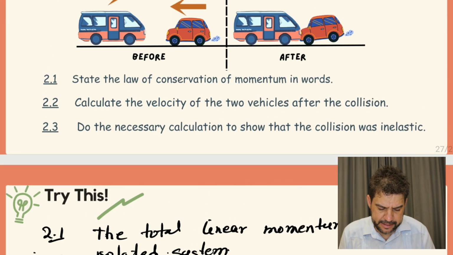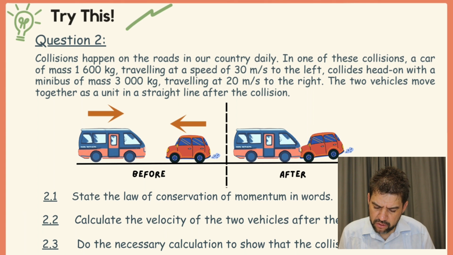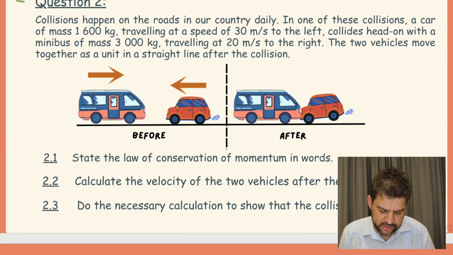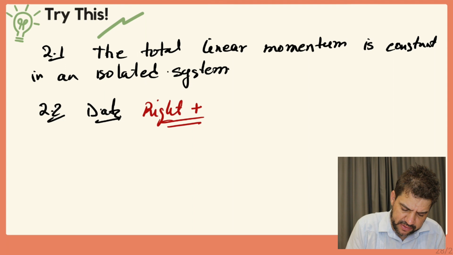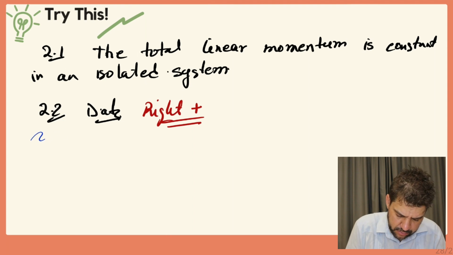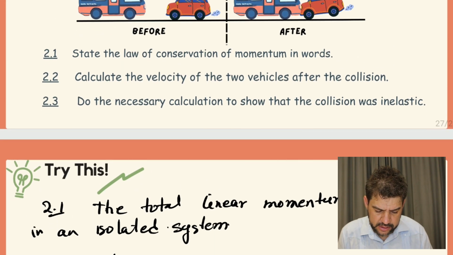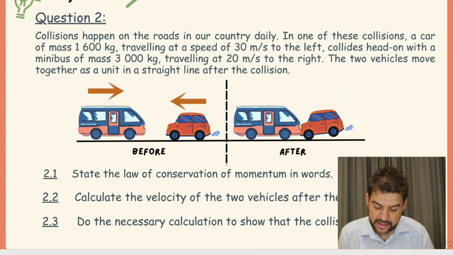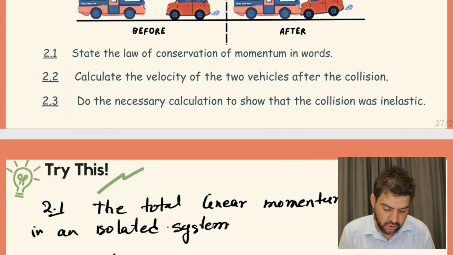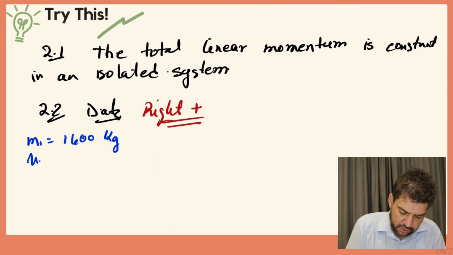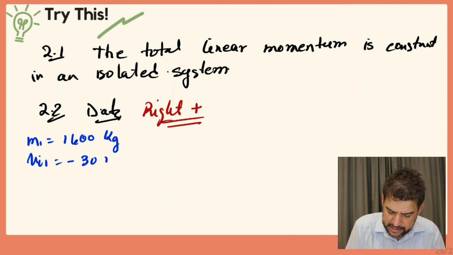So now here they say, a car of mass 1,600, so let's take the mass of the car as mass 1, equal to 1,600 kilograms. They say traveling at a speed of 30 meters per second to the left. So the initial velocity 1 is equal to negative 30 meters per second.